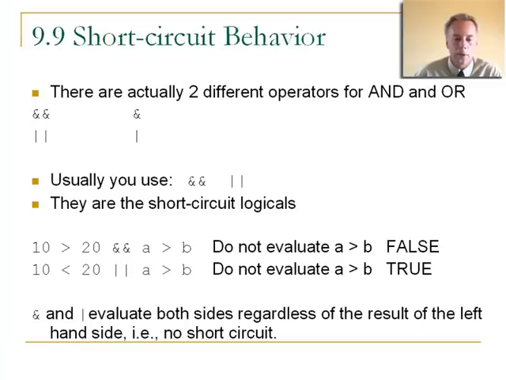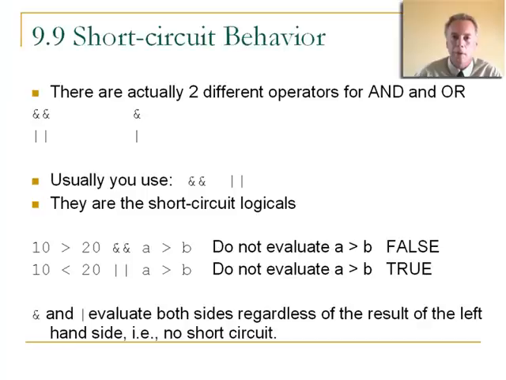In this expression, 10 is greater than 20 and A is greater than B. Let's evaluate the left-hand side first. 10 is greater than 20. That's false. And now we have false and anything. It doesn't matter what's on the right, because false on the left of an and means that we know this whole expression will be false.